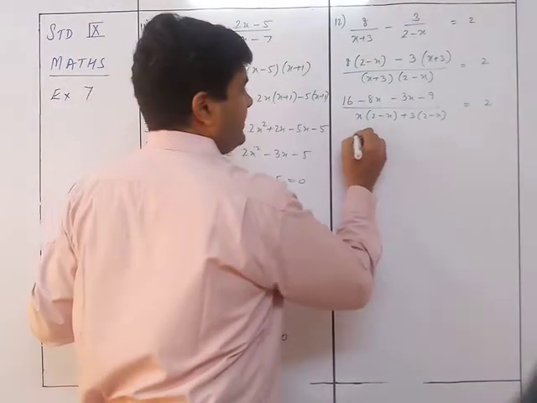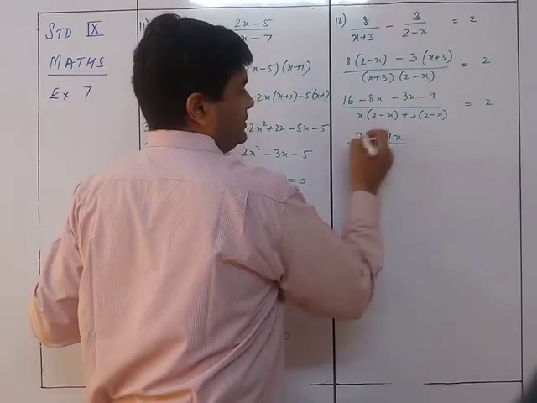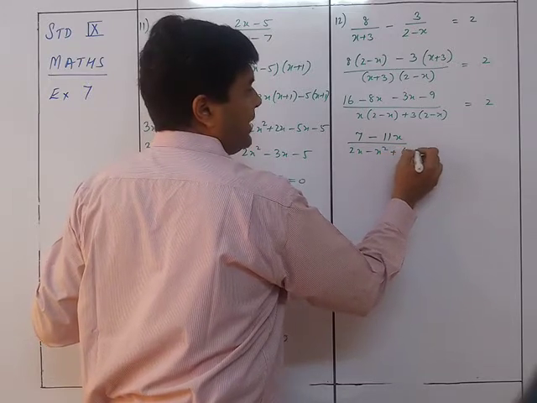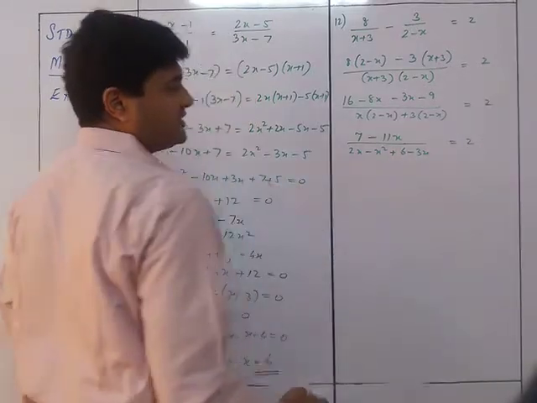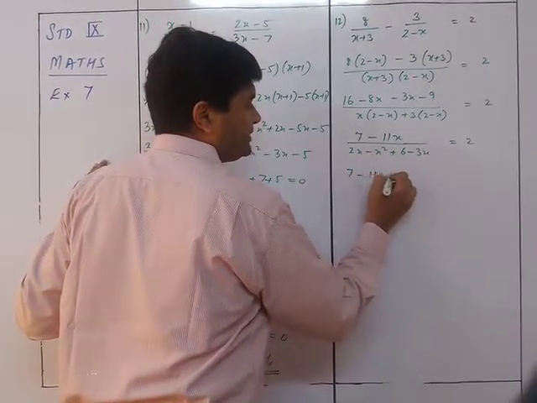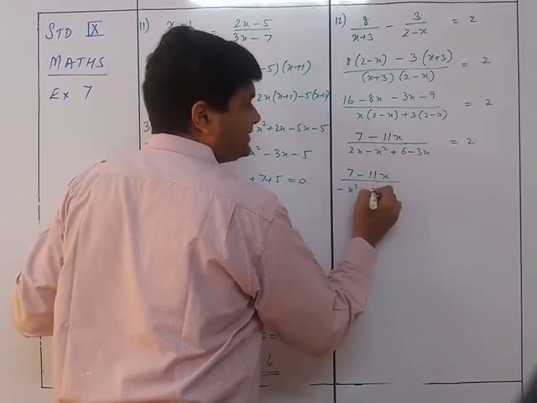So it will be 7 minus 11x upon, this will be 2x minus x square plus 6 minus 3x is equal to 2. You bring this on this side after solving. So it is 7 minus 11x upon minus x square minus x plus 6.